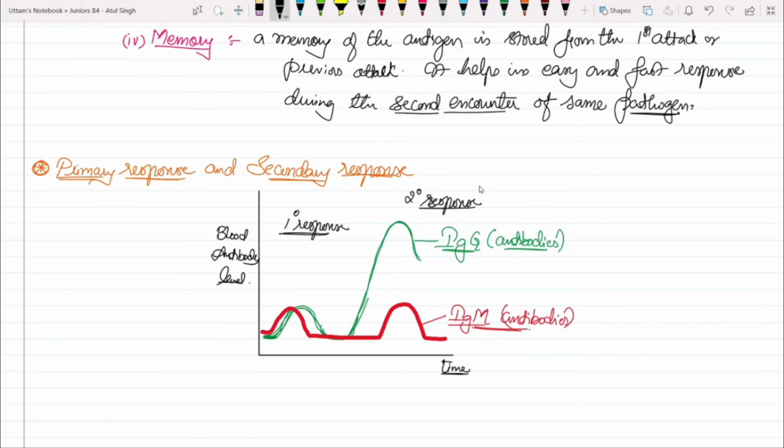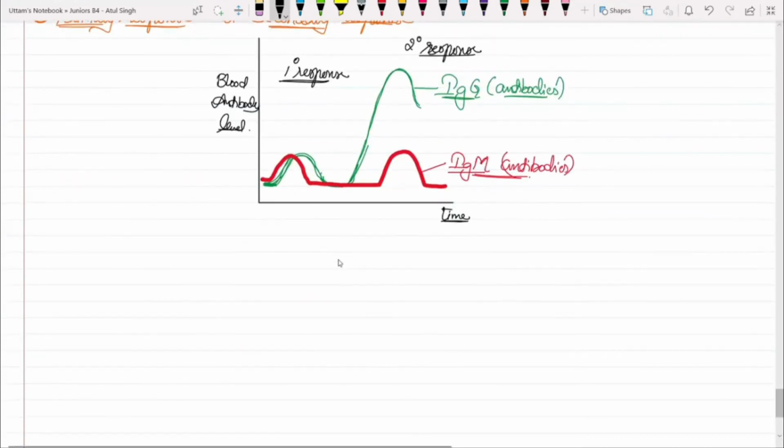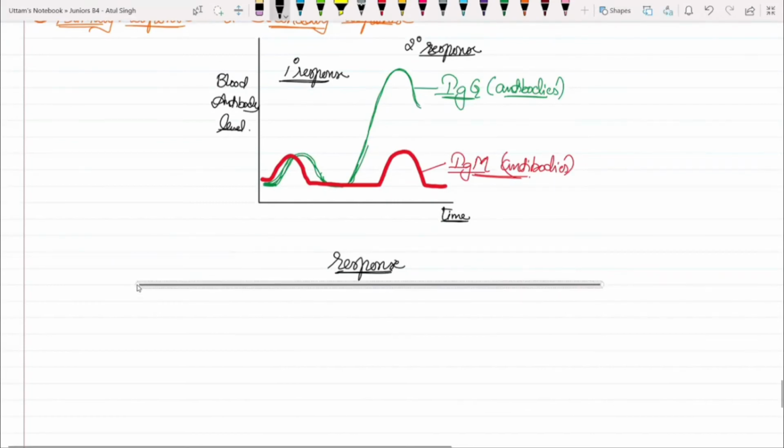So here what I will do is I'll make a tabular form for the response. We said primary and secondary, right? Primary response and secondary response.